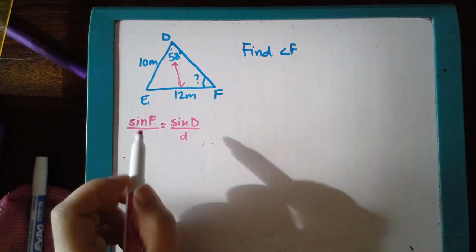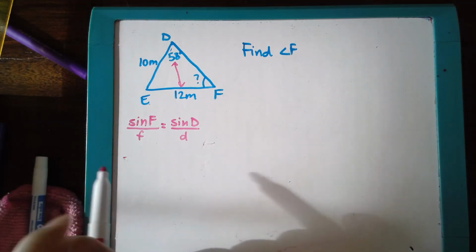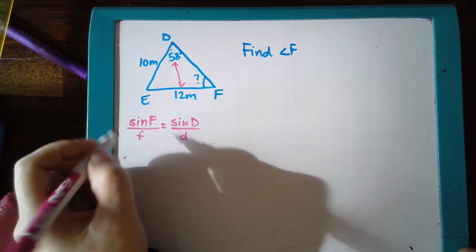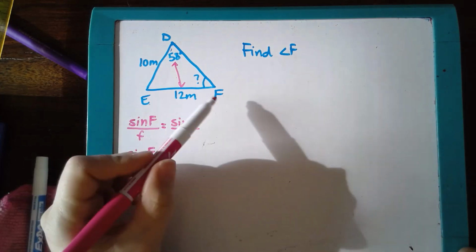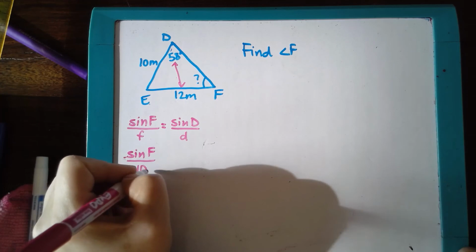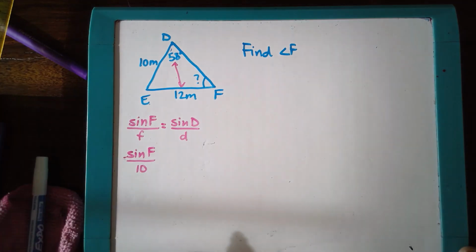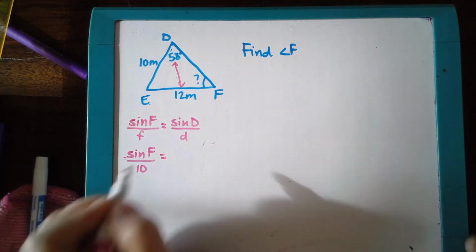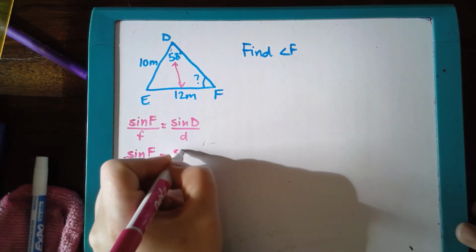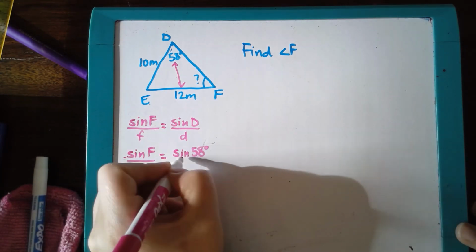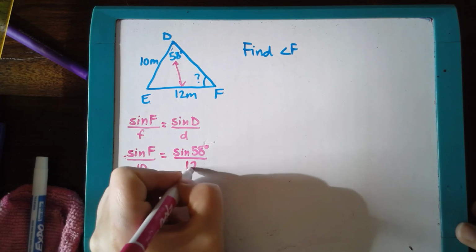But we're going to start by setting it up like this, and then substitute what we have. Sine f over little f is 10 meters, right? We can put our units in at the end so it doesn't mess up our formula. Sine d is sine of 58 degrees over 12 meters.